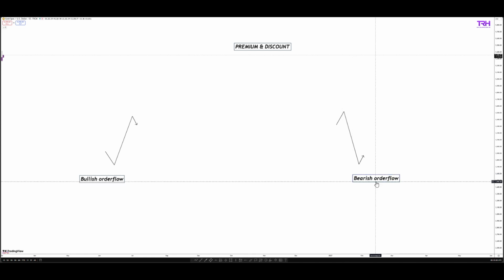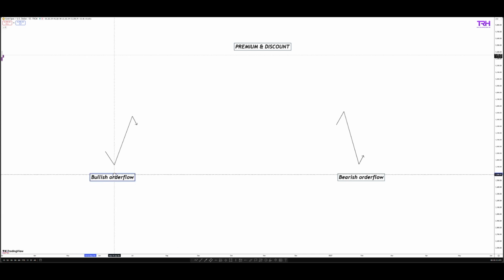Because you have to know what direction the market is actually moving in for you to be able to implement this concept and make it fruitful as well. So this is a bullish order flow and this is a bearish order flow, right?